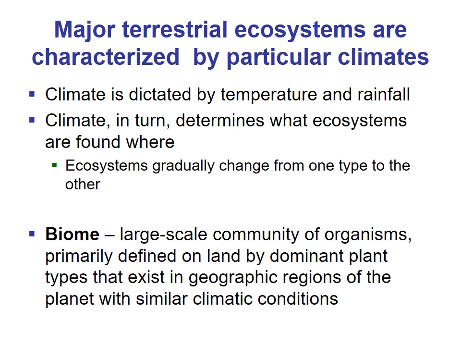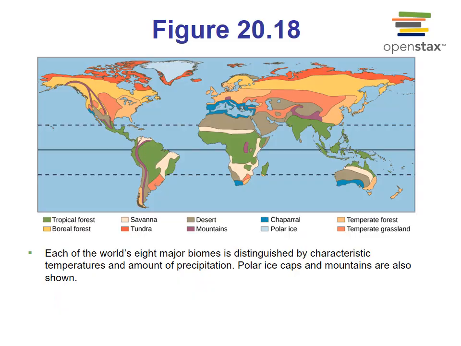Things on the land are going to affect the ocean, things in the water are going to affect what's on land, and so forth. And then we have the definition of a biome here on this slide. This is showing you where the different types of biomes are found. We're going to focus on covering most, but probably not all of these in this lecture.